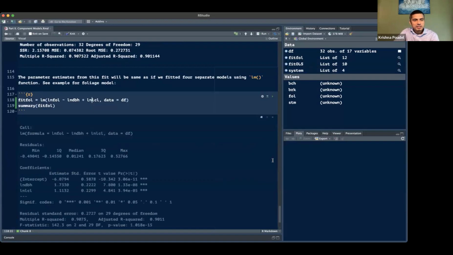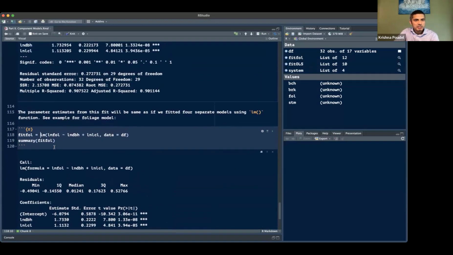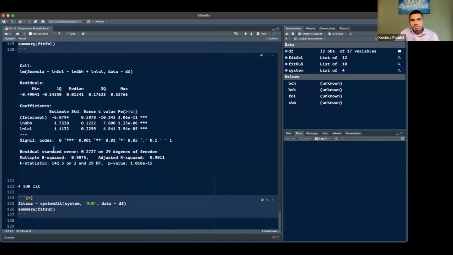If you run this code, this is the lm function, and the coefficient here and the coefficient here are the same. The foliage model is the same because we specified OLS. But we want to fit them as a system, so we specify SUR. So we just specify SUR here.